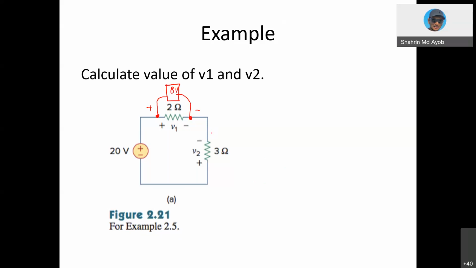And for V2, if you put your positive probe here and negative probe here, you should get the reading of positive 12, right?